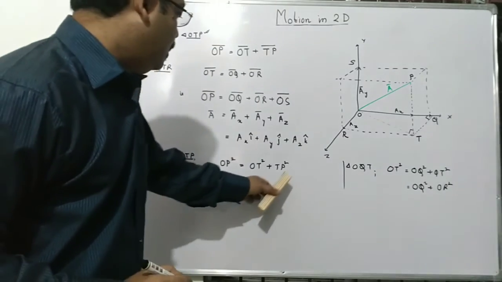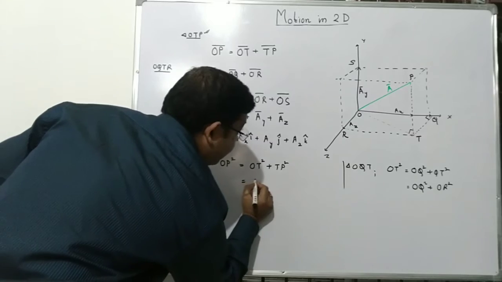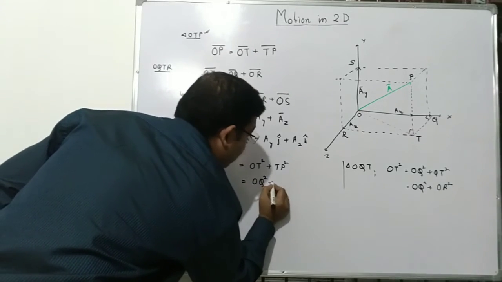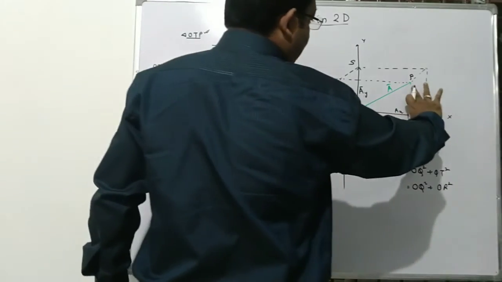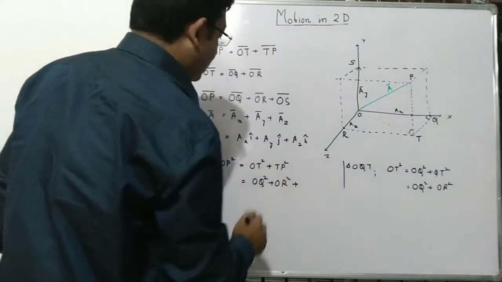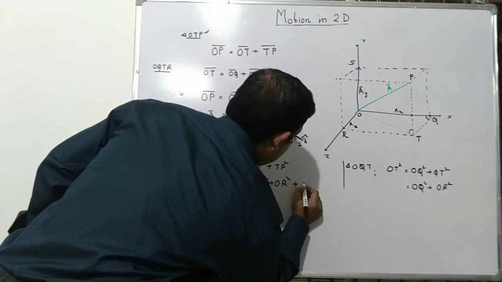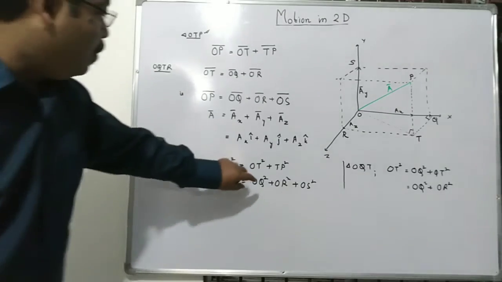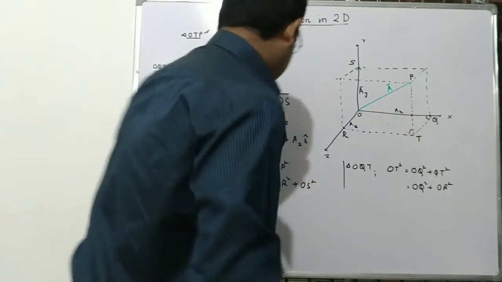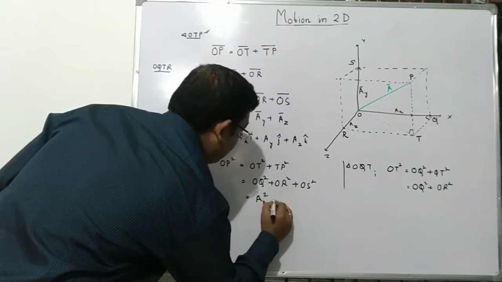And so if we substitute this value of OT squared, we get OQ squared plus OR squared plus TP squared. Now TP we have already found is equal to OS in the previous case also. So this is OS squared. Substitute the values. OQ is vector Ax, so in terms of magnitude this is Ax squared.